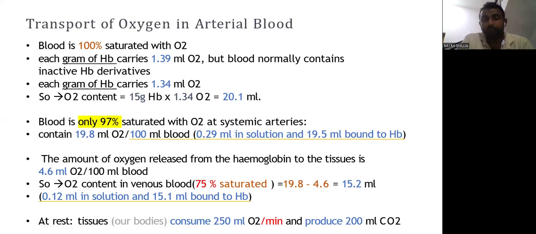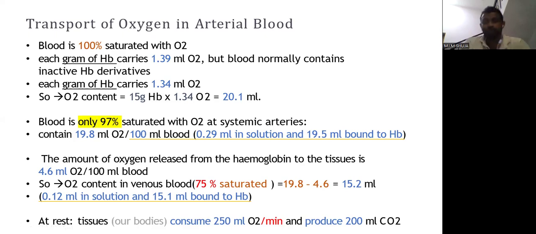When the blood goes through the tissues, from each 100 milliliter of blood, 4.6 milliliter of oxygen is extracted to the tissues in a normal resting condition. So at the venous level, you will get 15.2 milliliter of oxygen per 100 ml of blood.